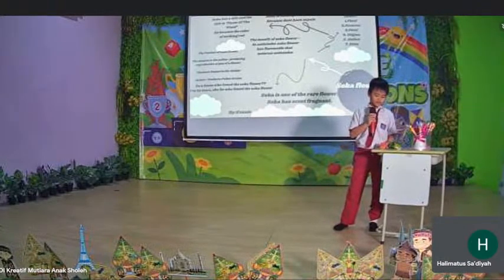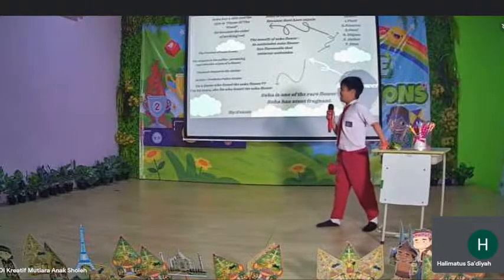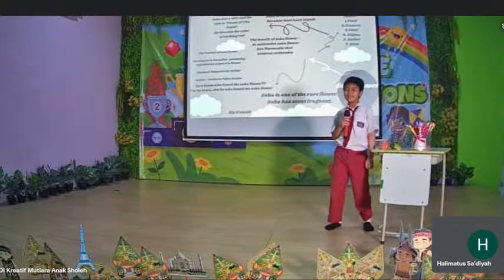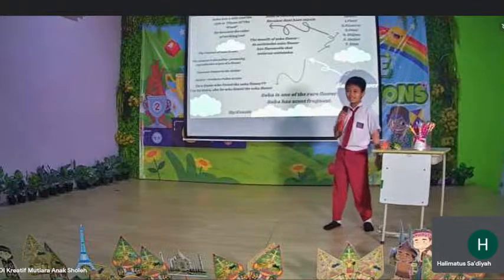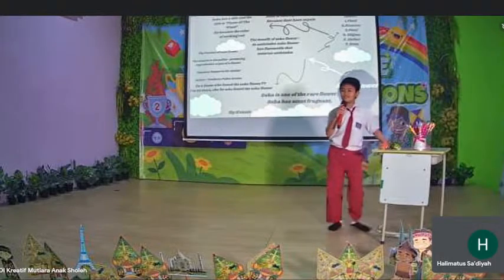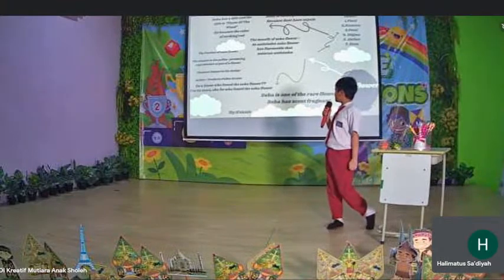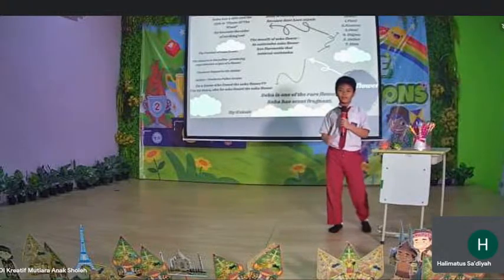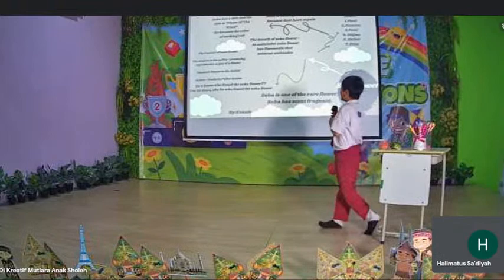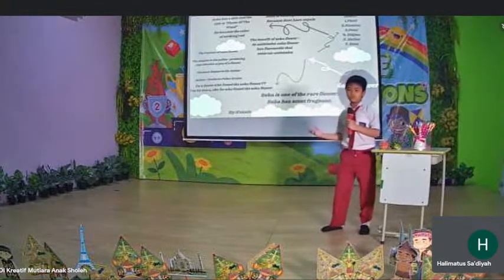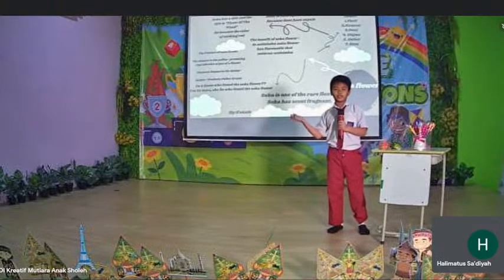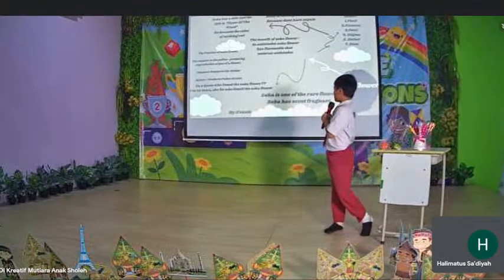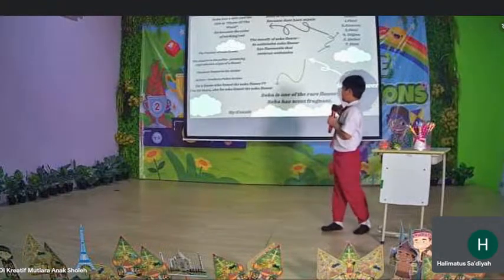Alexora found the Soka flower. The function of the Soka flower stamen is the pollen reproducing organ of a flower, and the anther produces pollen grains, and the filament supports the anther.